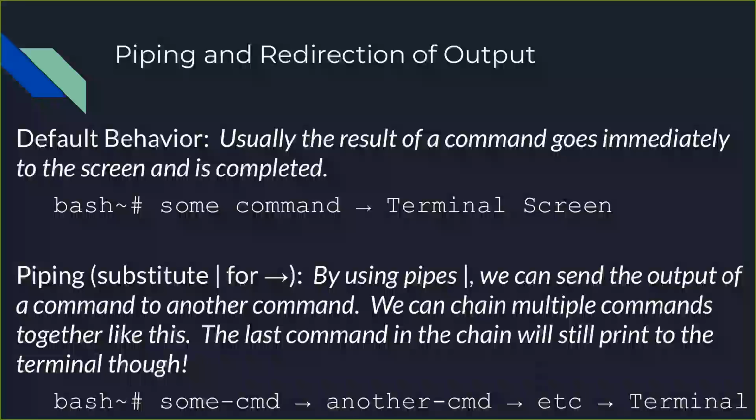I could type one command, pipe another command, pipe another command, and so on and so forth. That can be really useful if you're trying to do some serious filtering of results, especially if you have huge numbers of files and you want only a specific subset of them.